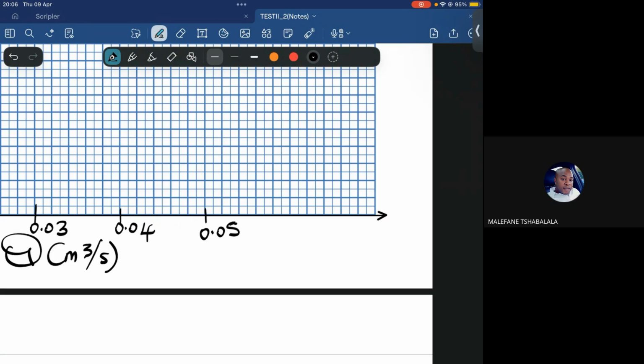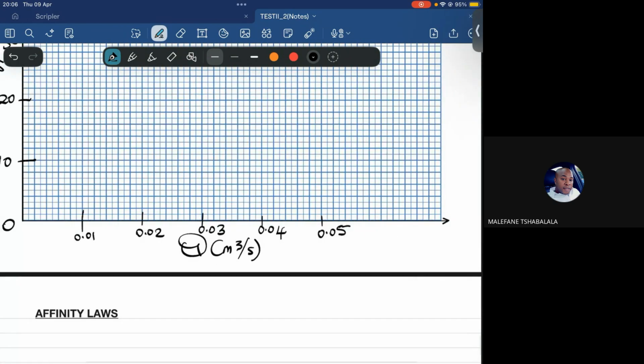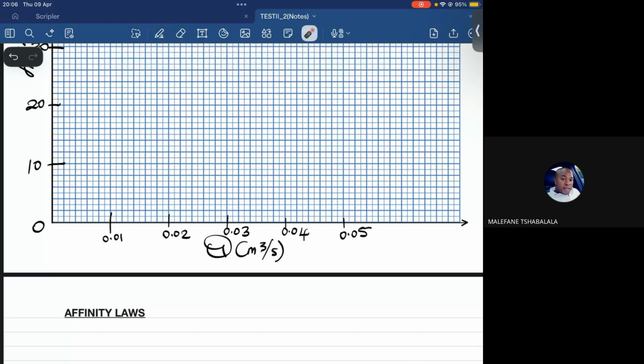Then that's it. Now let's analyze the x-axis line of this centrifugal pump graph.